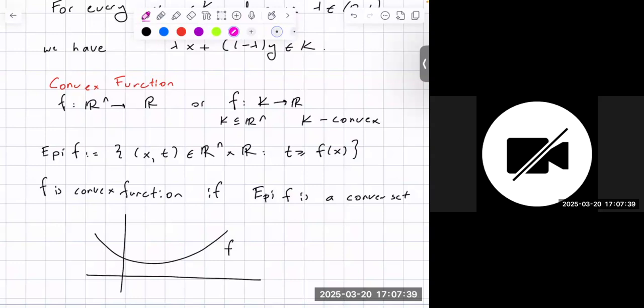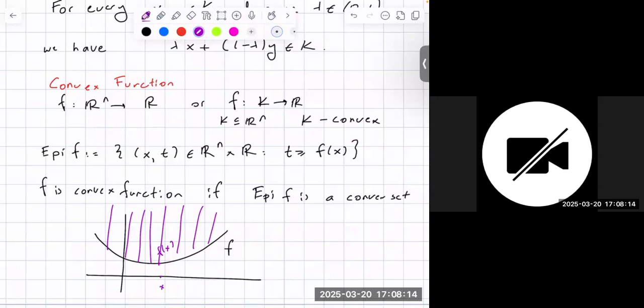Look at all the values where the t at the last coordinate is just a number that is bigger than your f(x). Let me draw a picture to make it more clear. Let's say my f is what I just drew here. If you take any x, here's its f(x). Now, if you think about all the values bigger than that, you get everything above. Now draw all that stuff, and the shape you are getting should be a convex shape. Then you call it a convex function.